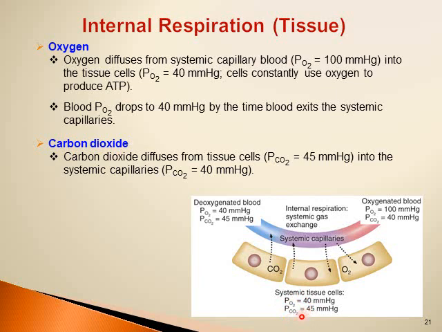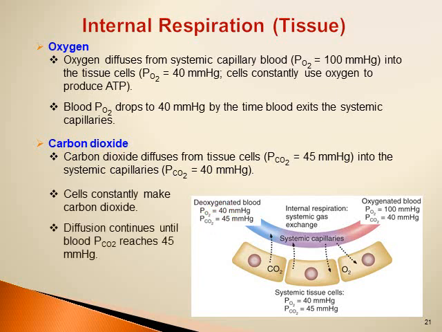So carbon dioxide will move from an area of high partial pressure to an area of low partial pressure, and this will continue until equilibrium is reached, and the partial pressure of carbon dioxide in the blood leaving the tissue will be 45 millimeter mercury. Cells constantly make carbon dioxide. Diffusion will continue until blood carbon dioxide partial pressure reaches 45 millimeter mercury.